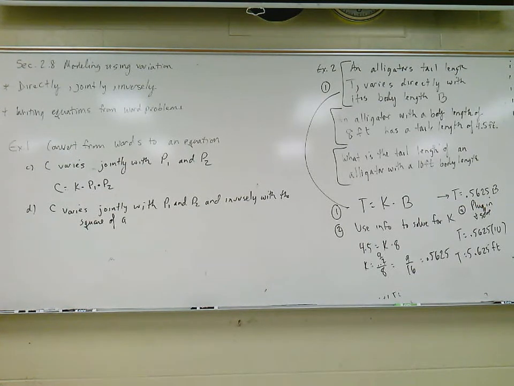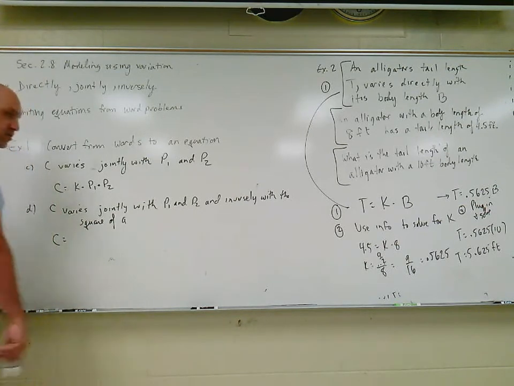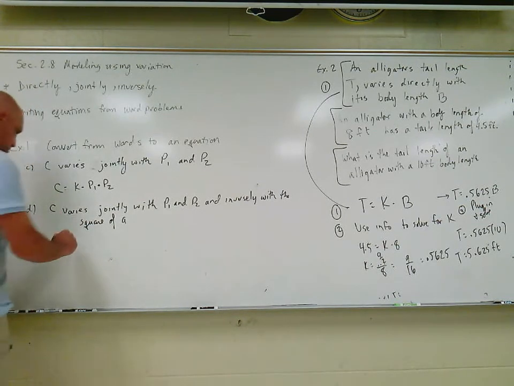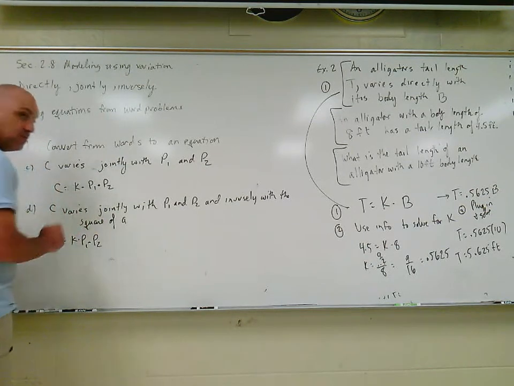Okay. So, anybody want to take a stab at it? What goes on the left? C equals, what's the first thing I want to write? K times what? Times P2, that doesn't change.